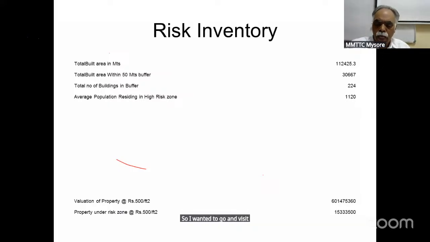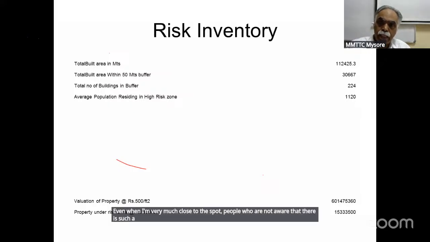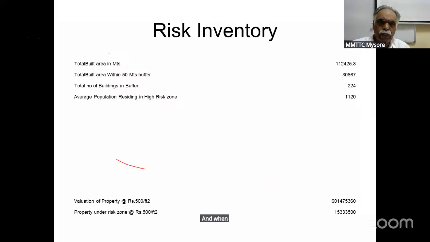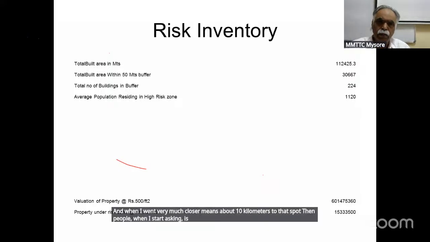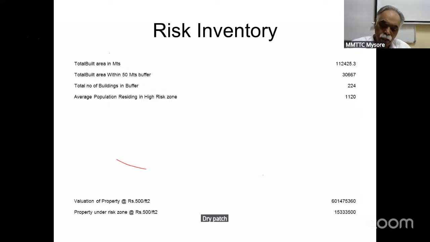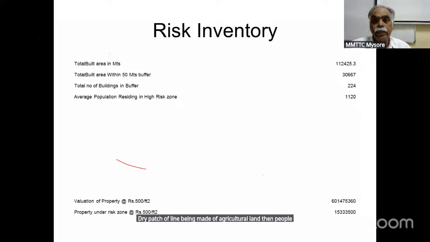I traveled to Raichur and then to Manvi Taluk. Even when I was very close to the spot, people were not aware that there was such a huge land under dry condition. When I went about 10 kilometers from the spot and started asking if there was any totally dry patch of land amid the agricultural land, people started identifying it and said yes, there is such a land.